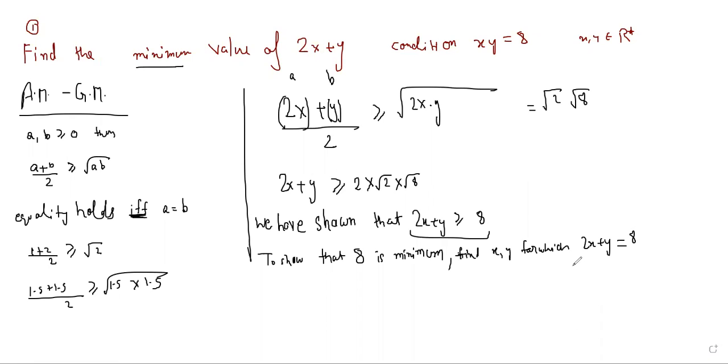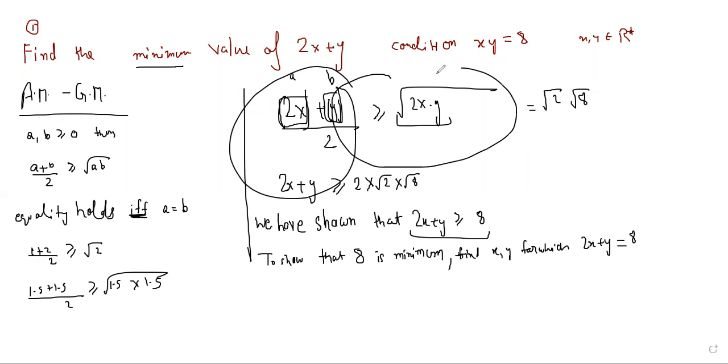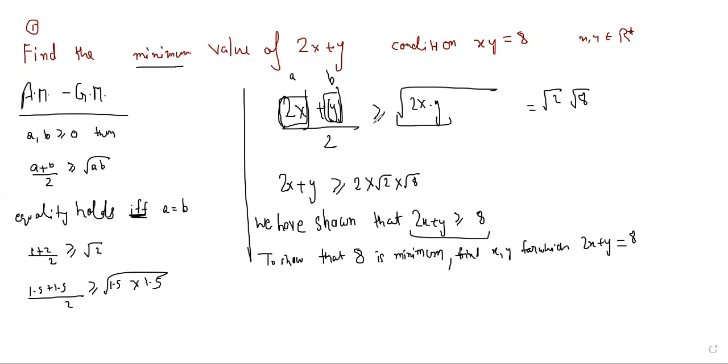You can solve this equation and this equation and find the values. But it is much simpler than that. You can just use AM-GM. That's why I discussed the equality case right now. This is one quantity and this is one quantity, and you are taking the product. This is the AM and this is the GM. You essentially want this to be equality.